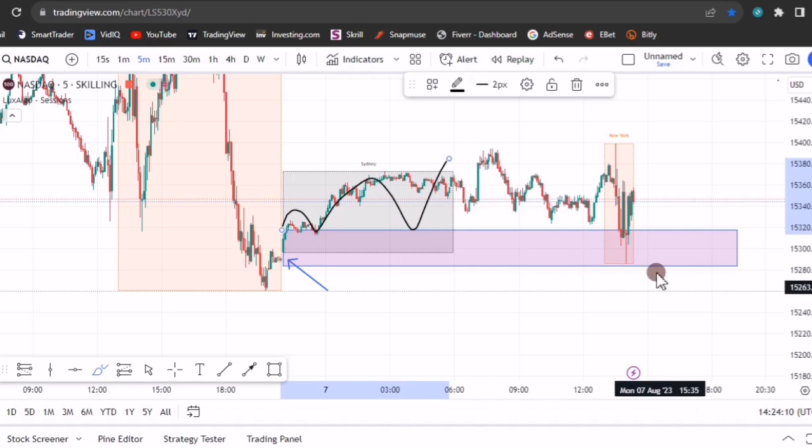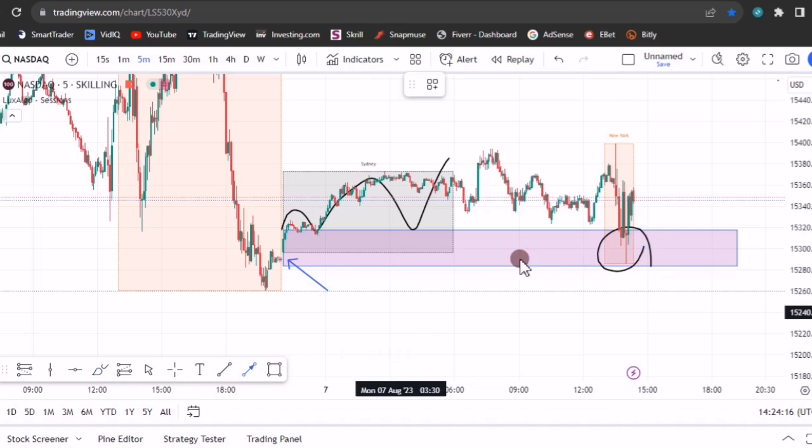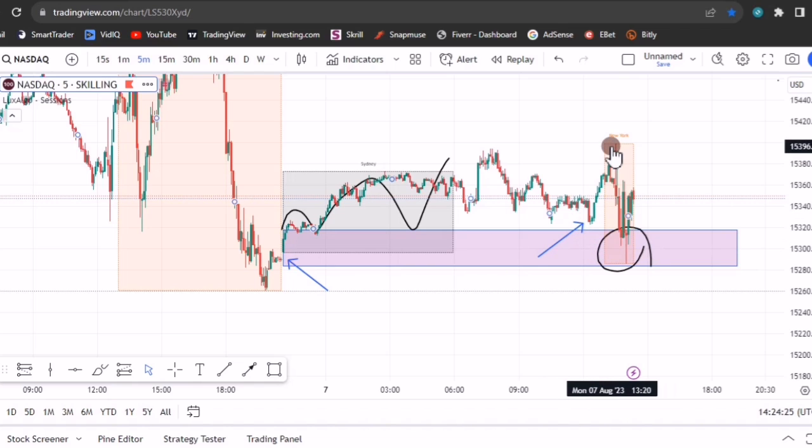That's why even right here, I entered a buy trade there, because I knew it was approaching the backbone and it was going to spike in the upward direction. So that's why you see it right here rejecting and moving upwards.